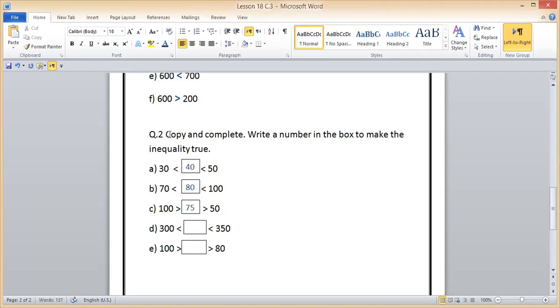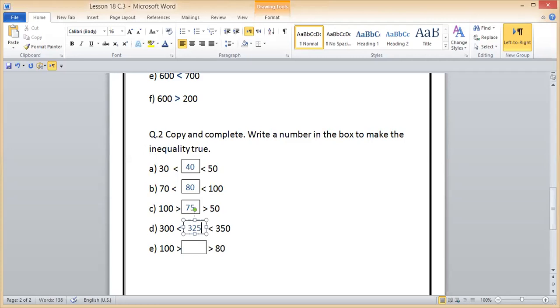What number should I write here in the box for D? Mashari, the number should be between 300 and 350, after 300 and before 350. Any number you can write. 325. Yeah, 325 is the correct answer.